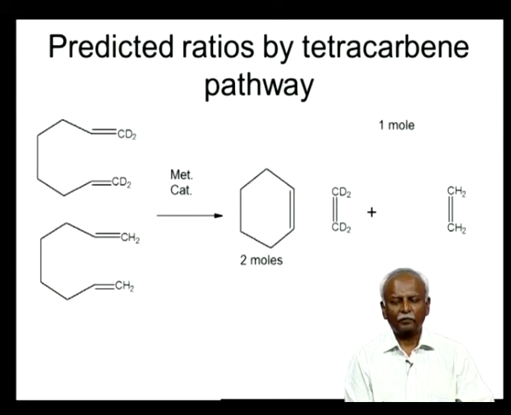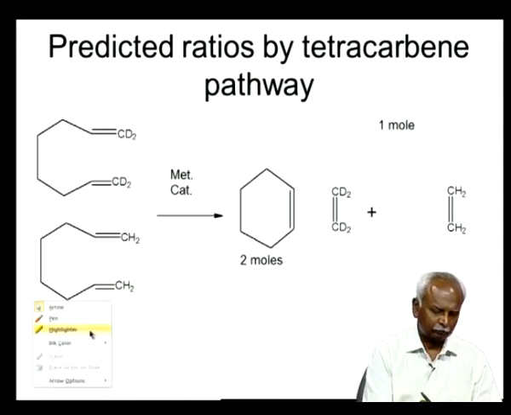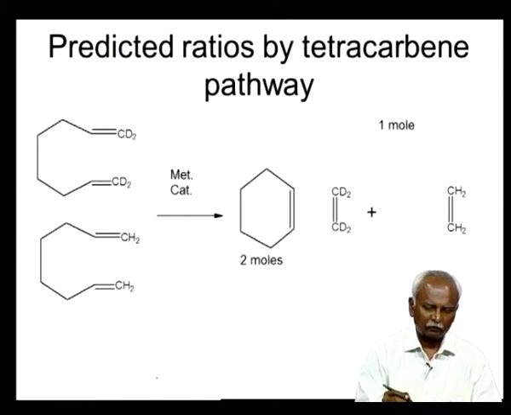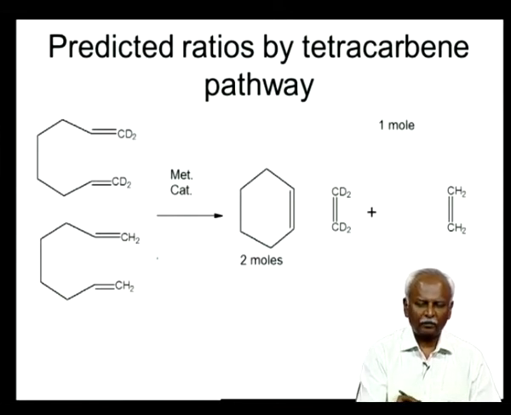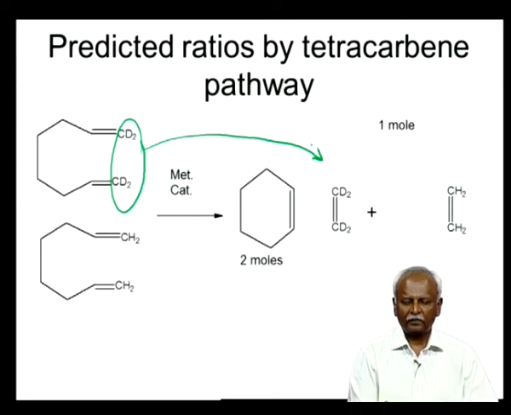If the tetracarbene intermediate is in fact the favored pathway, if you do the tetracarbene mechanism, it is only CD2 which will give you cyclohexene.